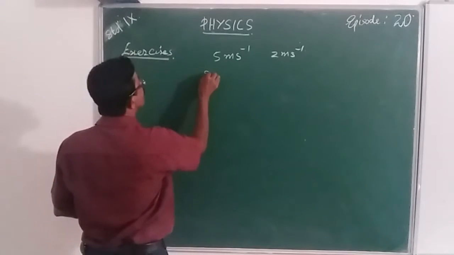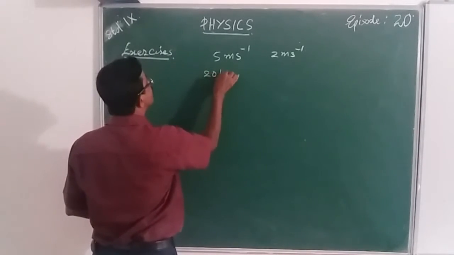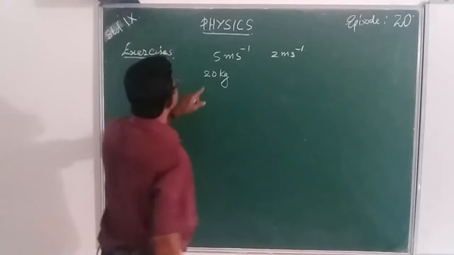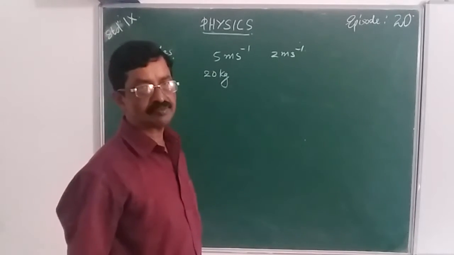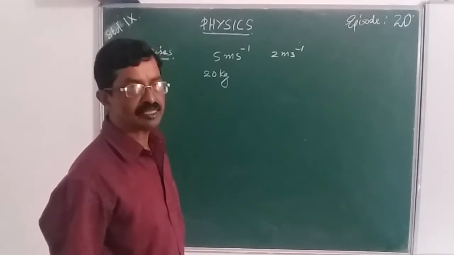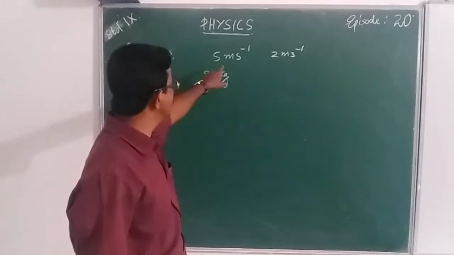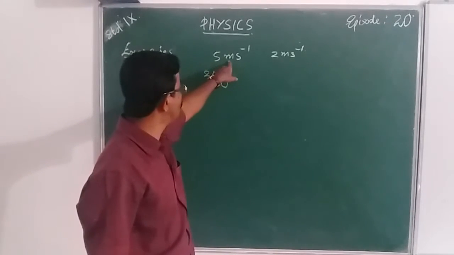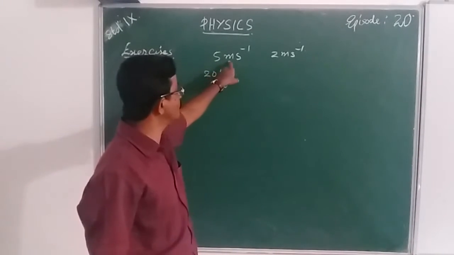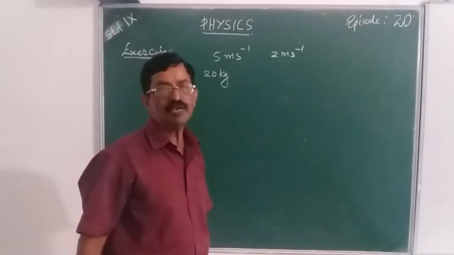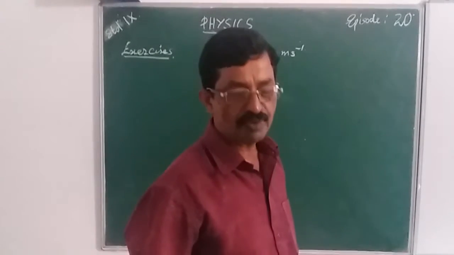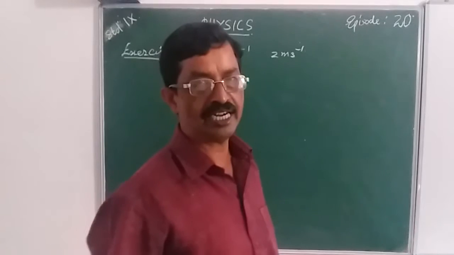See, on a mass of 20 kg, a certain force is acting and that force changes its velocity from 5 meter per second to 2 meter per second. We want to find out the work done.